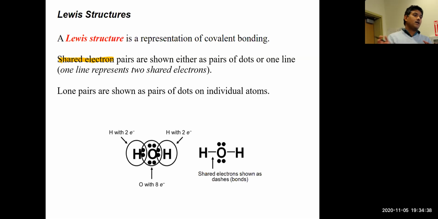That's why we replace all the bonding electrons with a single line, or multiple lines if there are more electrons, and we keep the lone pairs intact. Okay. So in this molecule, you can see that oxygen has a total of 8 electrons. Oxygen already had 2 lone pairs of its own and a single electron of its own, and it shared those single electrons with each hydrogen on both sides, which helps the oxygen have a total of 8 electrons.